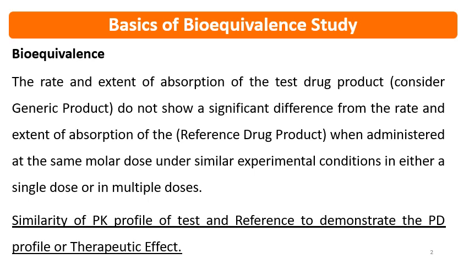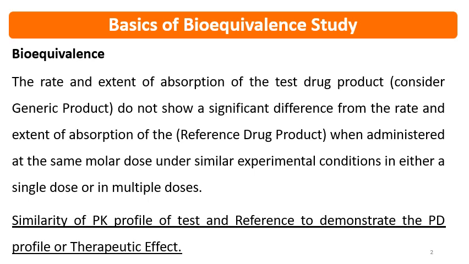For getting the generic drug approval, the generic applicant or manufacturer is required to demonstrate bioequivalence. And bioequivalence is nothing but the similarity in the rate of absorption and the extent of absorption with the reference formulation.